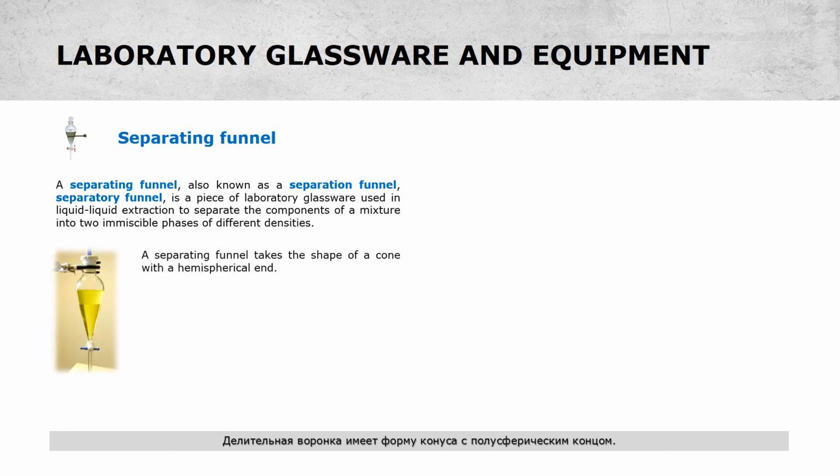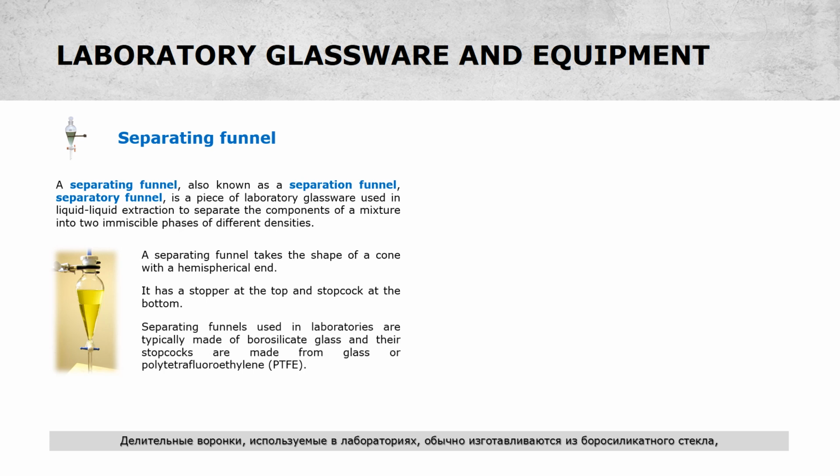A separating funnel takes the shape of a cone with a hemispherical end. It has a stopper at the top and stopcock at the bottom. Separating funnels used in laboratories are typically made of borosilicate glass and their stopcocks are made from glass or polytetrafluoroethylene.